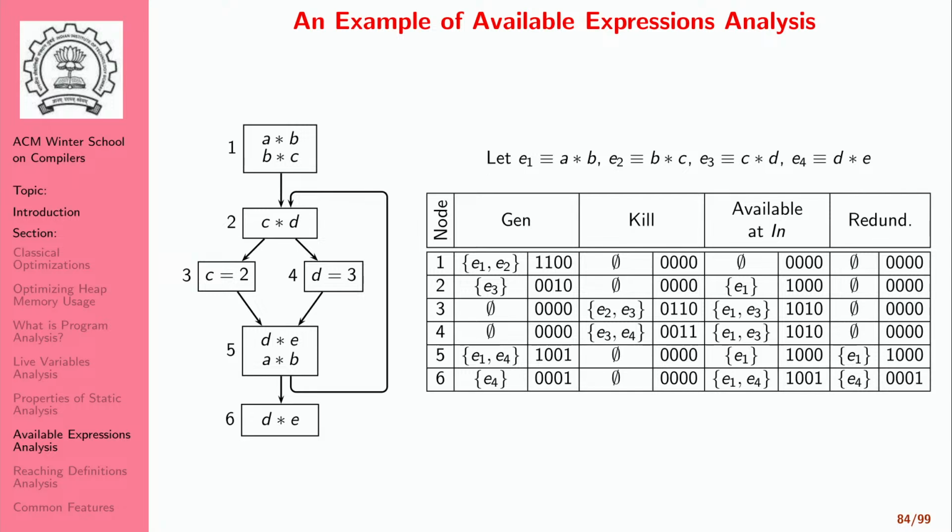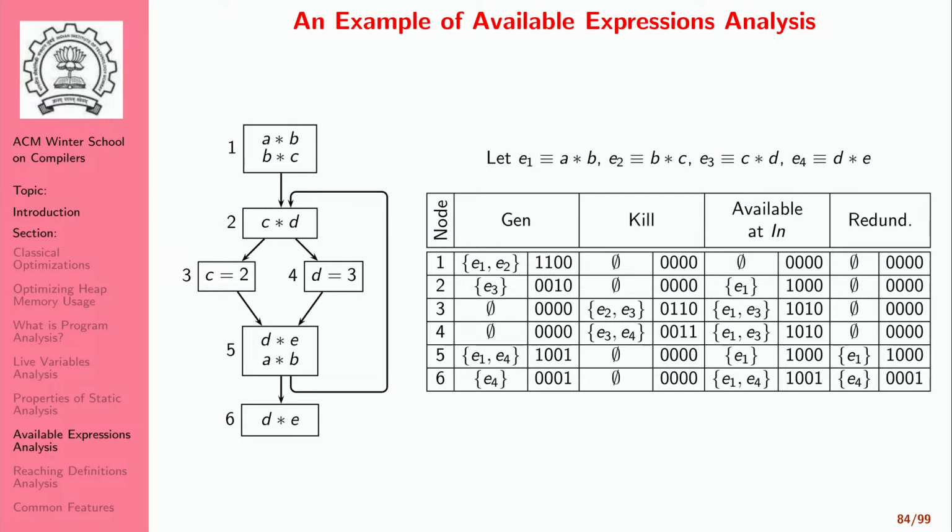The question is, I have computed gen and kill sets here. There is a set and there is a corresponding bit vector representation. There are 4 expressions: A star B, B star C, C star D, D star E. We represent it with a bit vector where A star B is the first expression, B star C is the second expression.